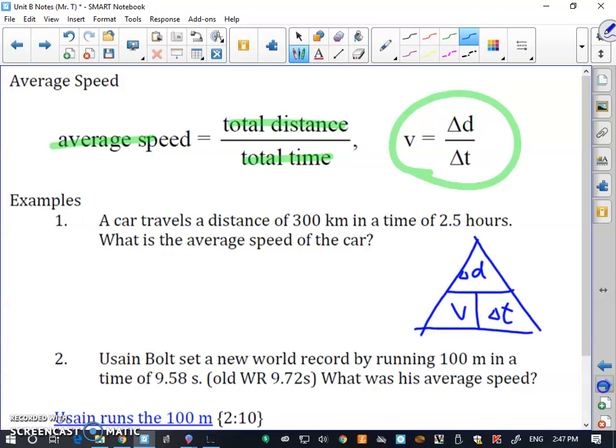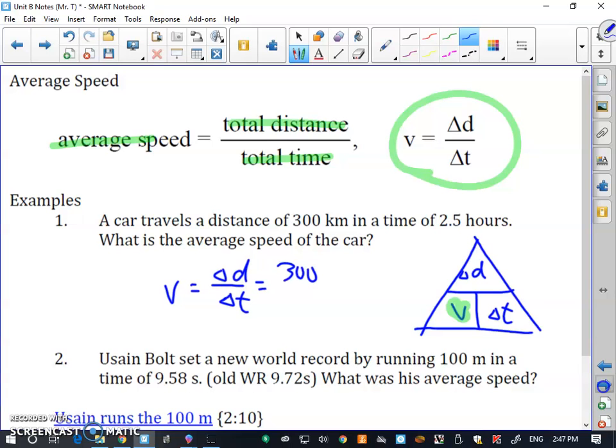Now what you can do is cover one of them, and then you can figure out the relationship between the other two. Cover the one you're looking for. So in the first example here, 300 kilometers, 2.5 hours, what's the average speed? So I hide the speed, and then you end up with d over t. And so in the case of the calculation, you write down what you have here, delta d over delta t, every time. Write down your formula.